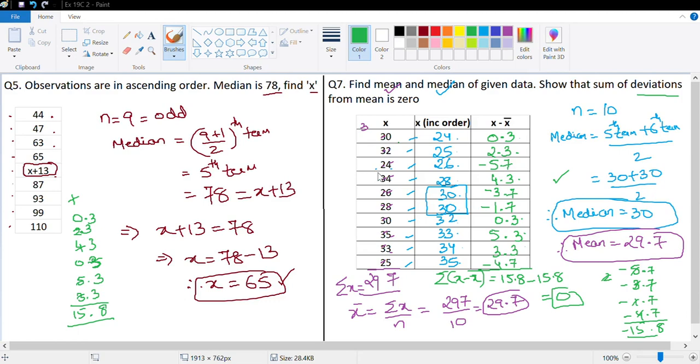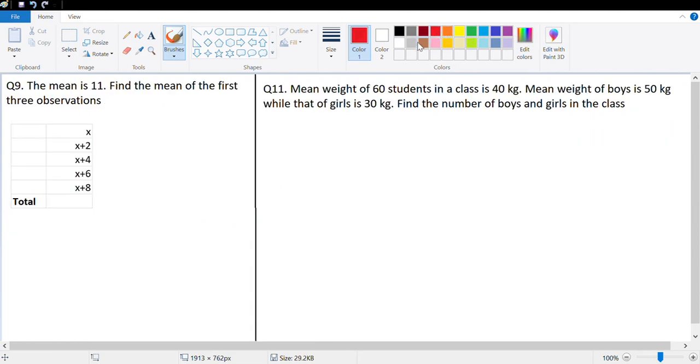The next question that we have is question number 9. It says the mean is 11. We know mean is equal to the sum of all numbers upon n. Find the mean of the first 3 observations. Let's add them first. This is 8 plus 2, 10, 6 plus 4, 10.